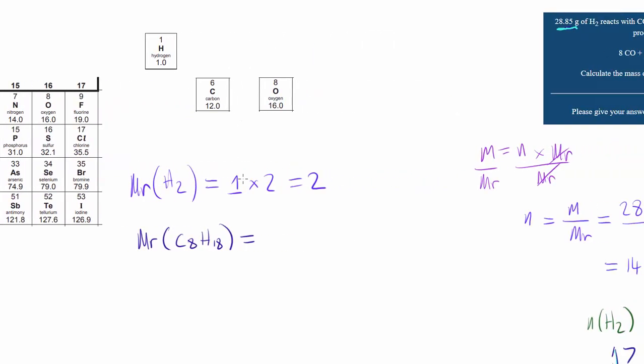So in setting this up, we're going to have to do 12 multiplied by the coefficient corresponding there, which is 8, plus 1 multiplied by the coefficient corresponding there, which is 18.